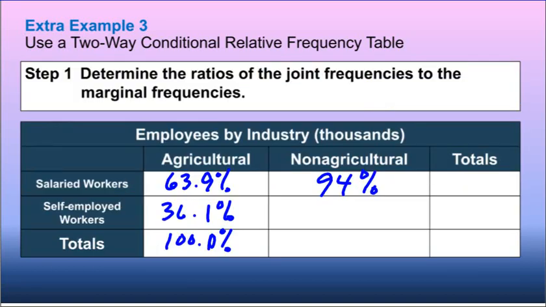We would get roughly 6%, which will make this 100%. And if I were to add straight across, 94% plus 63.9%. We won't have to worry about this column right here.